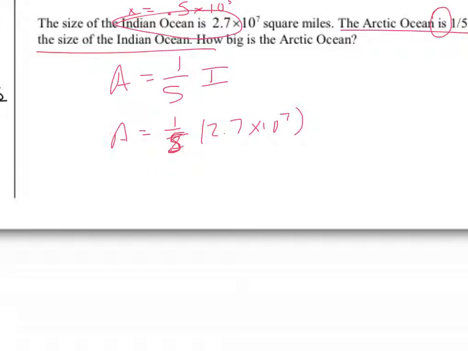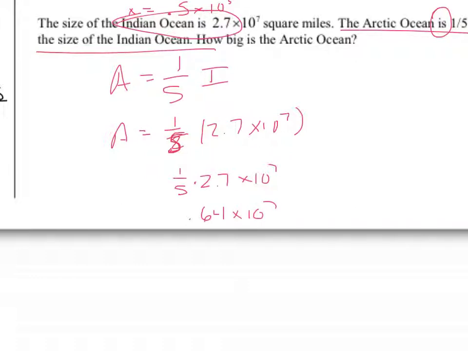So I'm going to multiply the 1/5 times the 2.7. And if you do that, I'm going to go ahead and tell you that's 0.54 times 10 to the 7th.